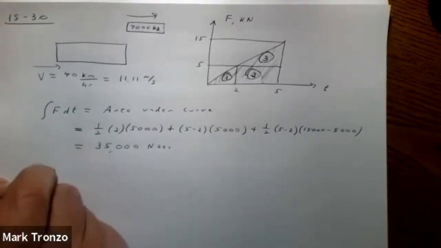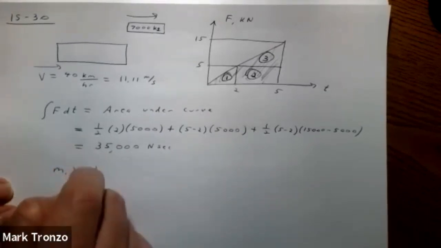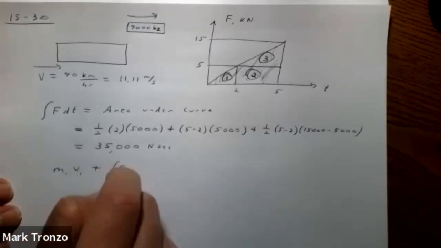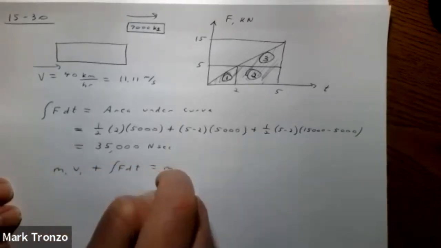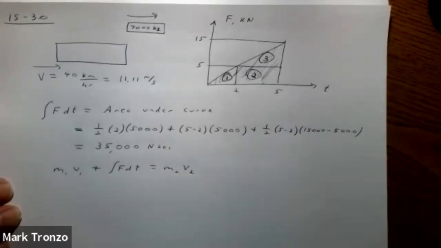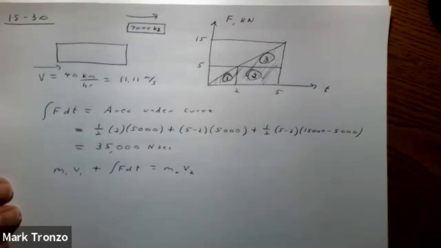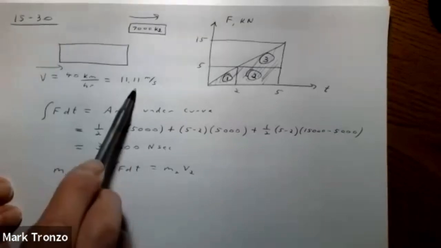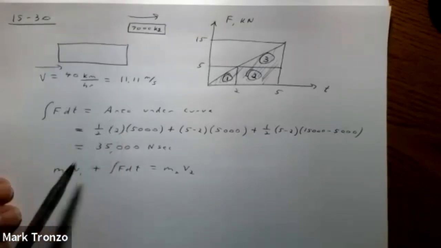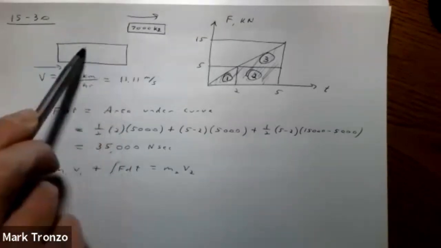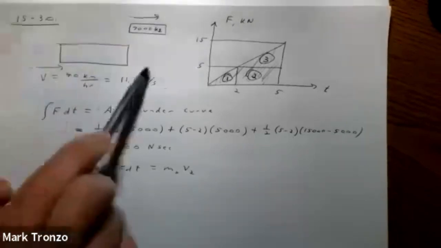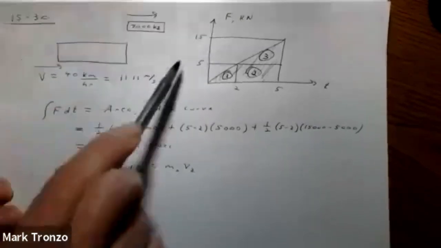So now M1 V1 plus integral F dt equals M2 V2. Now this time it's leaving this aircraft carrier, right? And the aircraft carrier was moving at 40 kilometers an hour. So its initial velocity is going to be that 40 kilometers per hour. So this time, even though the plane wasn't moving, the barge was. So in effect, it was moving with the barge.